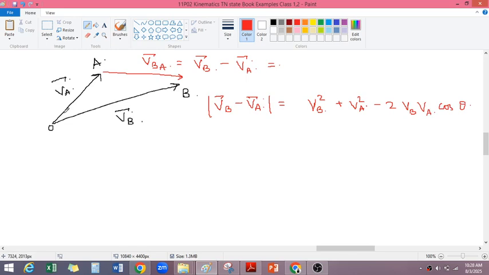Theta is the angle between A and B. Don't forget the square root. You must have studied this in vector addition: A square plus B square plus 2AB cos theta. It's the same thing, only you will get a minus.